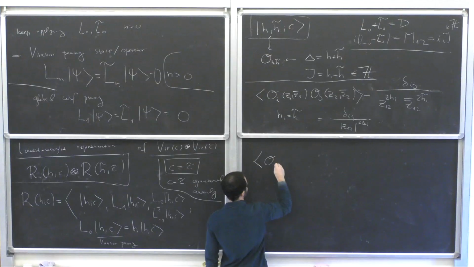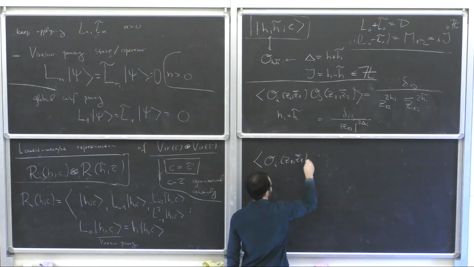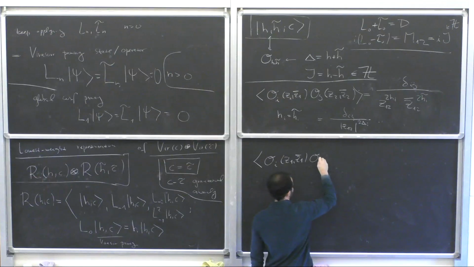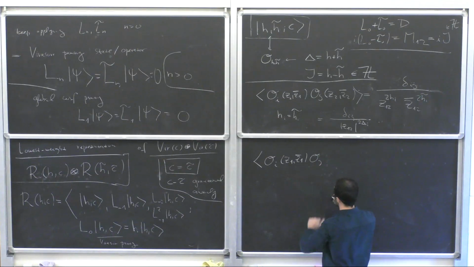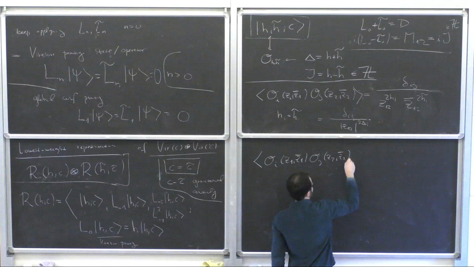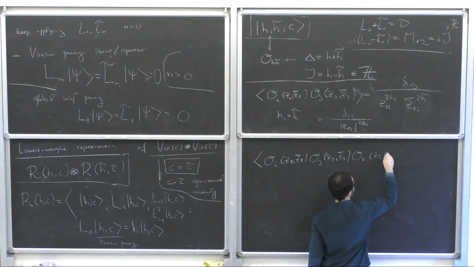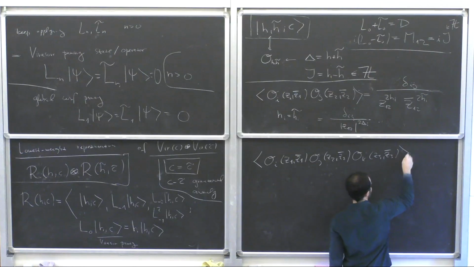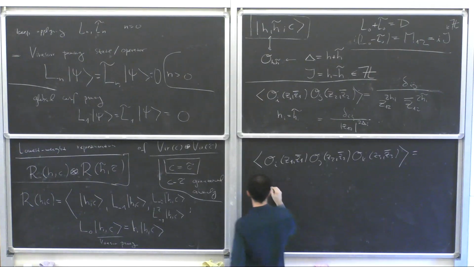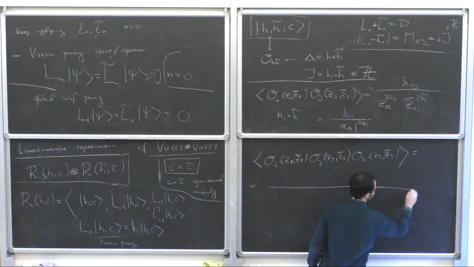So the 3-point function of Virasoro, or even global conformal primaries, looks like that.